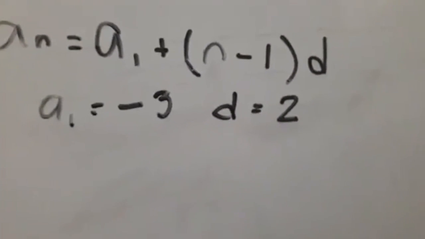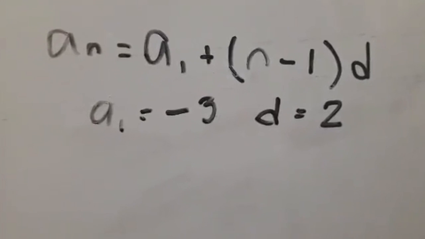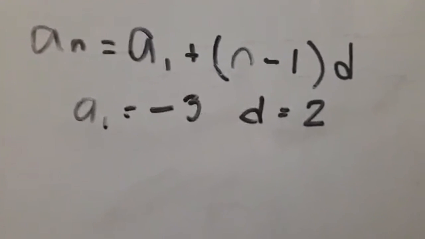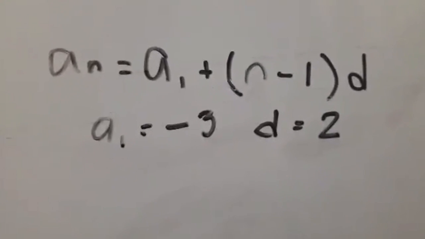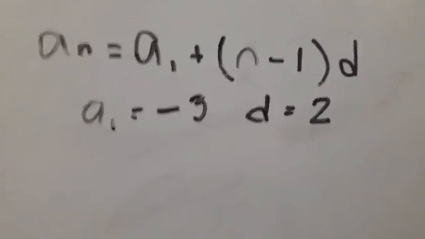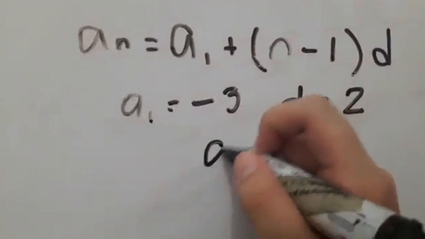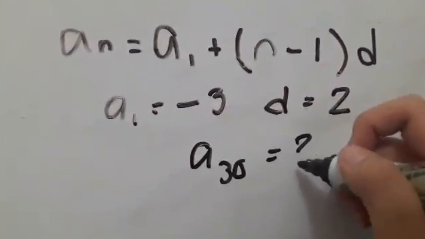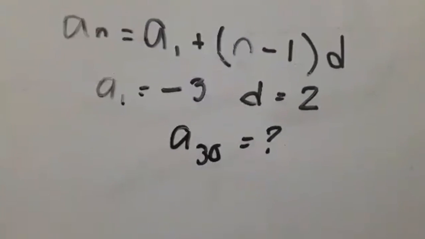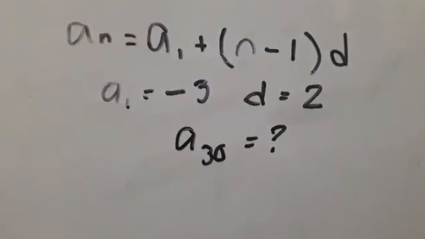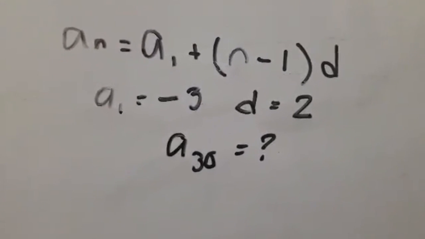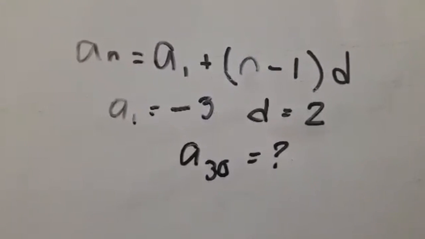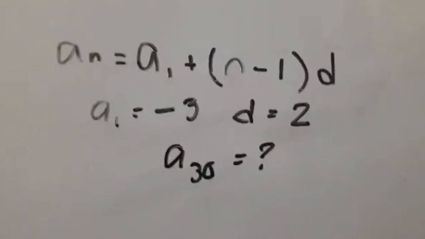Next, we have to write down the value that we are required to get. In this case, it says, find the 30th term. We write that as a30 equals. Now that we have found these values, we must substitute into the formula the values we were given.